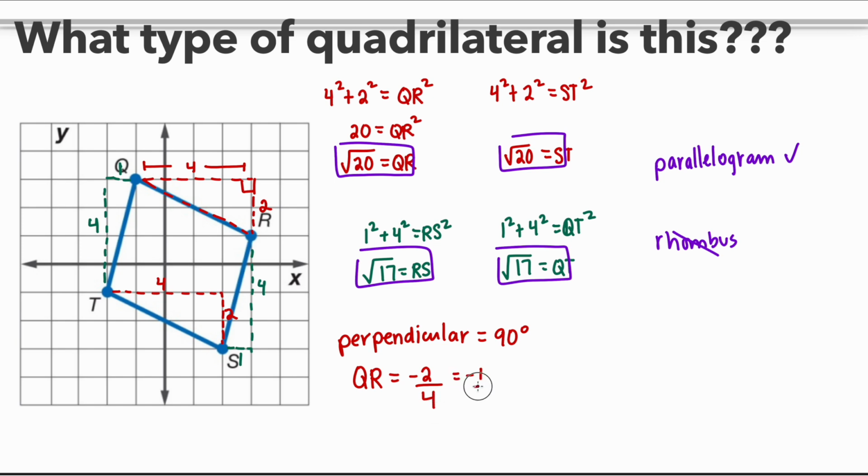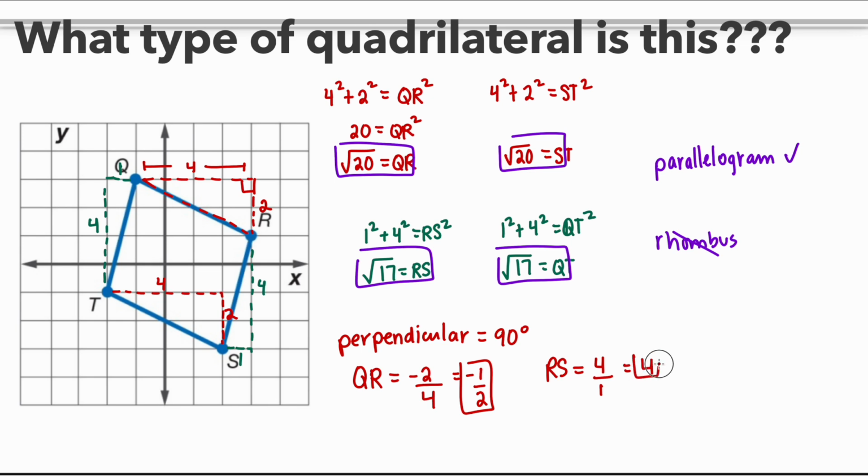So I'd get a negative 1/2 for the slope. If I wanted to find the slope of RS, I would be going from S up to R. So I would go up 4, which is positive, and over 1.